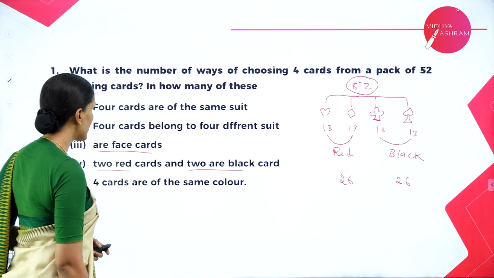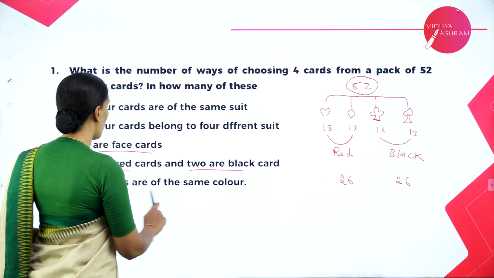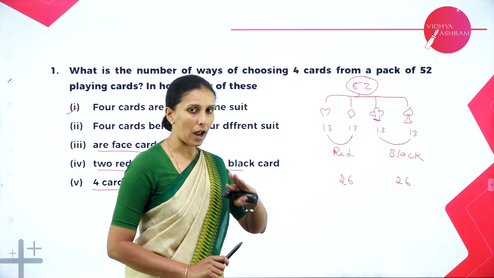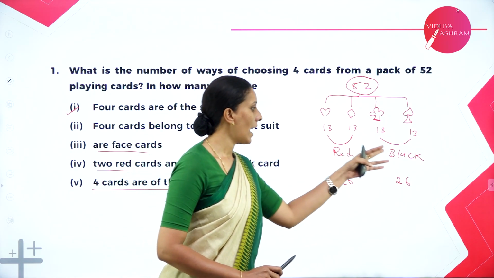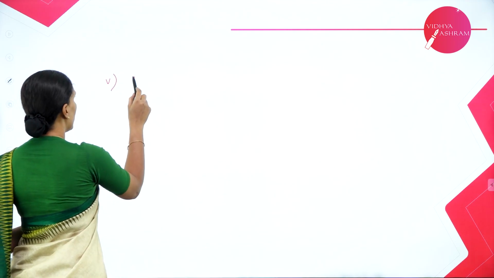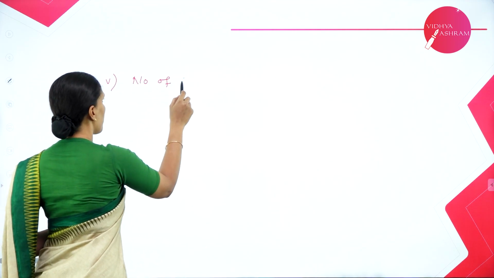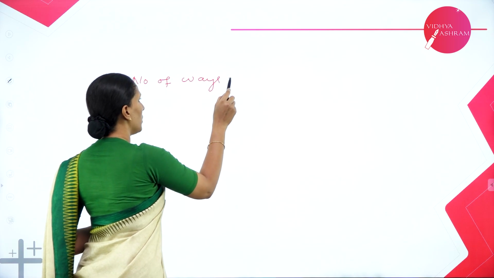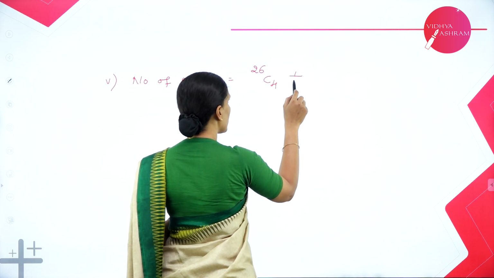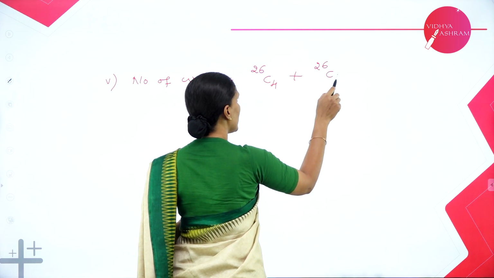Next, the last sub question. 4 cards are of the same color. So that means either I need to choose 4 cards which are red or I need to choose 4 cards which are black. So therefore, here the number of ways is equal to 26C4 or, so it is plus 26C4.